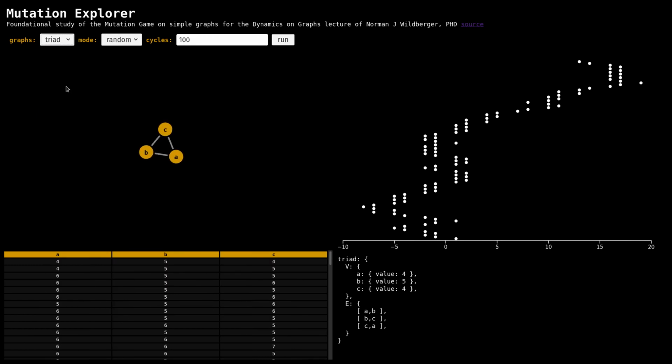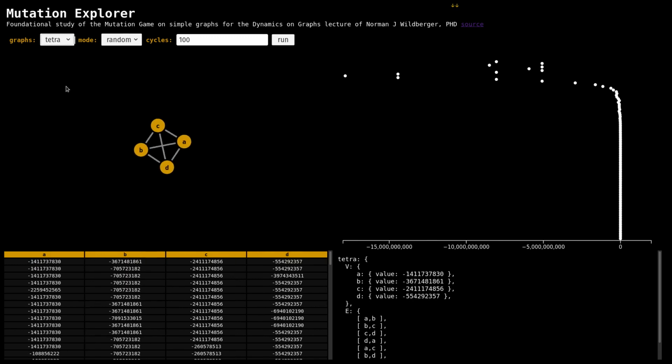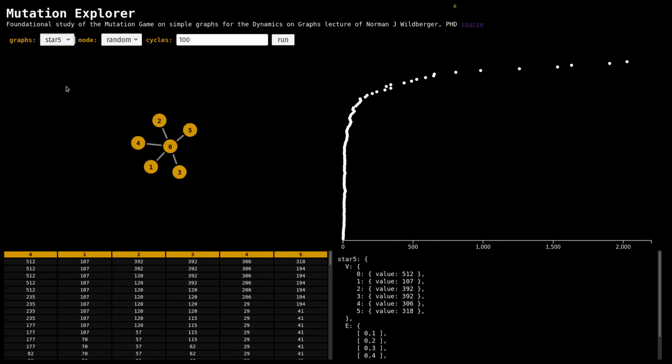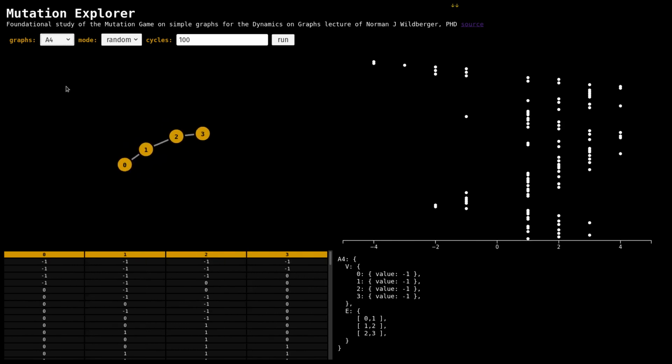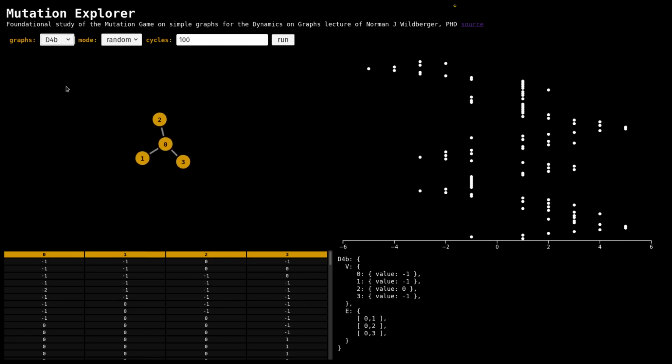So, similar to the X graph, the triad, the quad, it was four nodes, 5 nodes in a ring. Tetrahedral relationship here, the star. A4, which is just a linear relationship. D4, which has a 3-dimensional relationship around the center.